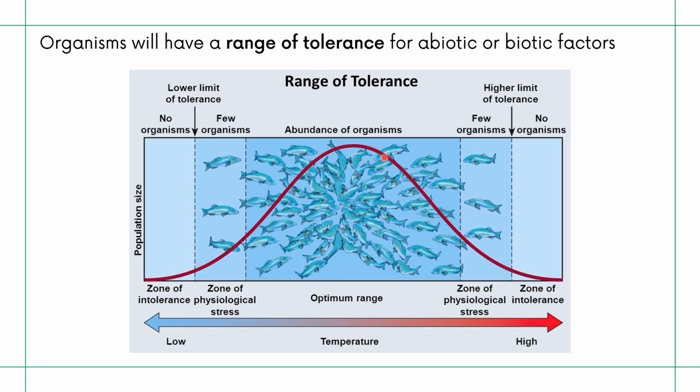Around this range, or in the optimum range, this is where organisms will thrive. Outside that range, a little bit outside their range, they might have some sort of physiological stress, so meaning their biological functioning might not be perfect, but they can survive in that. But very far outside of their range of tolerance, organisms are not able to survive.